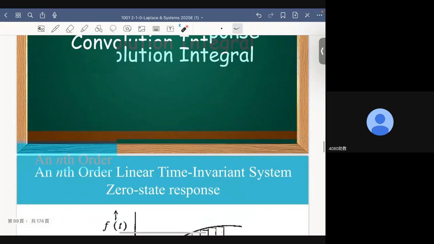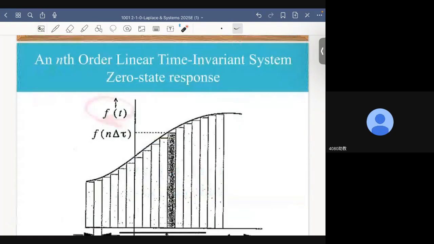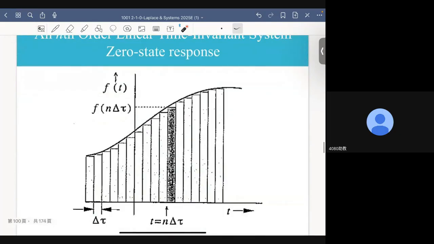Let's say this is my input, f of t, for an n-order linear time invariant system. Now, f of t here is a CT signal, which means it's a continuous function of time. Now, let's take this signal apart, by approximating the area under the curve with a series of rectangles.